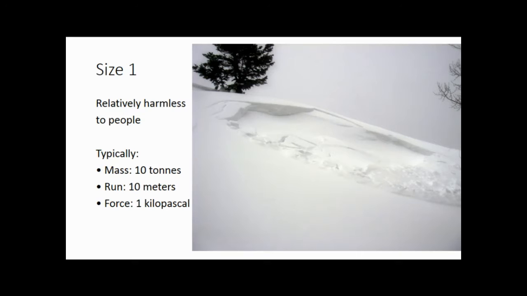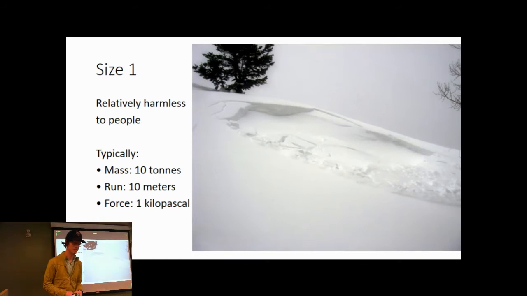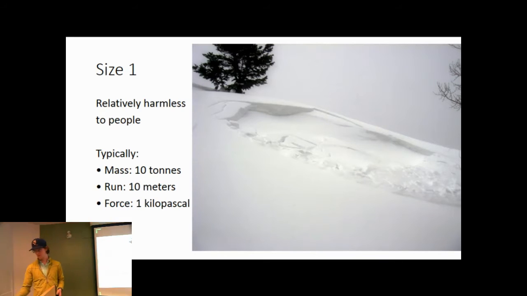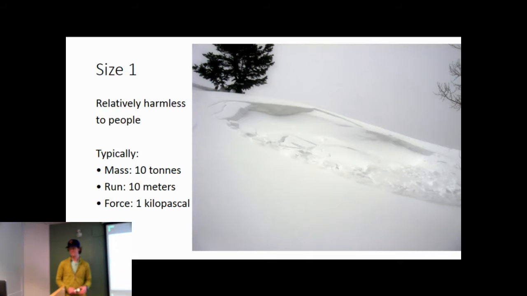All right, size 1. Tiny little slides. Its mass is 10 tons, around 10 meters. It's harmless, doesn't hurt us. I did some little maths, because what does it mean when sizes are relatively harmless to people? So 10 tons of snow: the density of wind-packed snow varies a lot, but we can average it to about 250 kilograms per cubic meter.